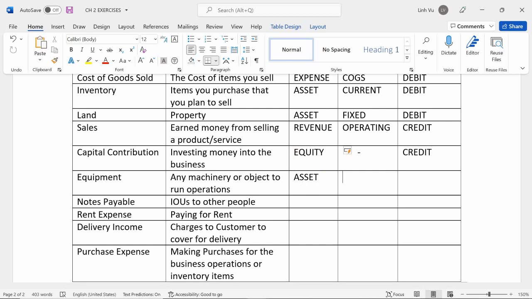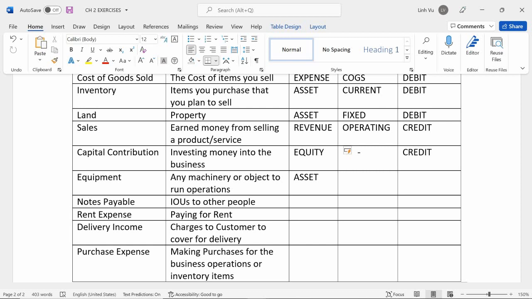Remember, this is a PP&E. Current. This is a PP&E. So it would be a fixed asset. It's a fixed asset, right?